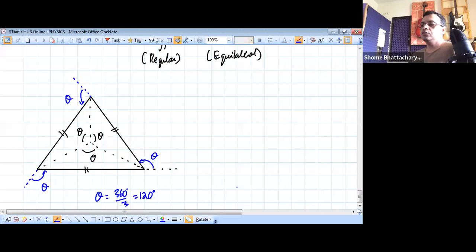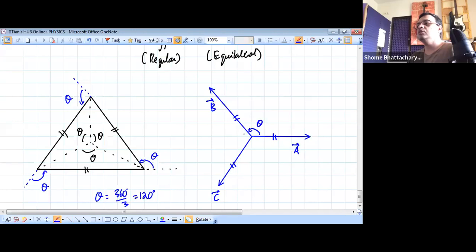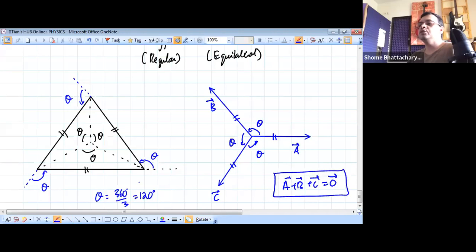and that theta will be equal to 360 divided by 3, or 120 degrees. So when you convert this to the relation of vectors, what it means is that if I have three vectors which are coplanar, which are equal in magnitude, and make equal angles with respect to each other, say A, B, and C, whose magnitudes are equal, and they make equal angles, so their resultant will be 0. Why? Because when you draw them head to tail, they will become this triangle.